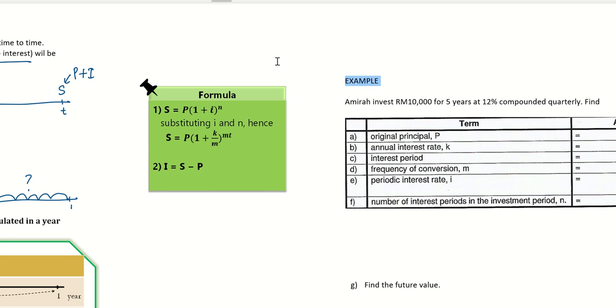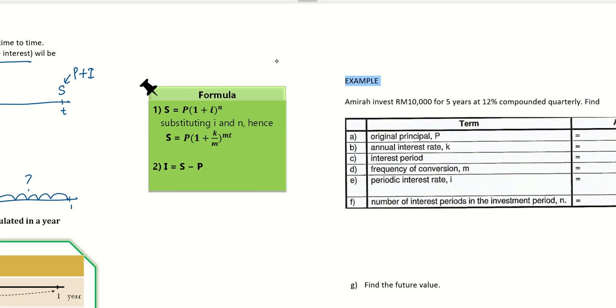The first one is S, the future value. The formula for S is P times (1 plus I) to the power of N, where I is K over M and N is equal to M times T. We use this formula to find the future value.